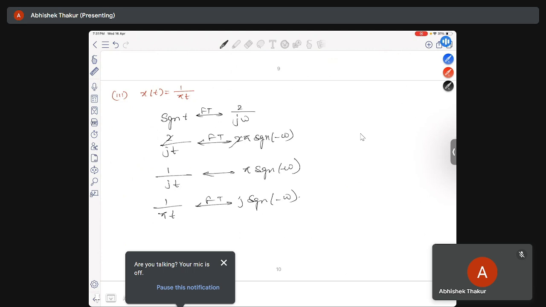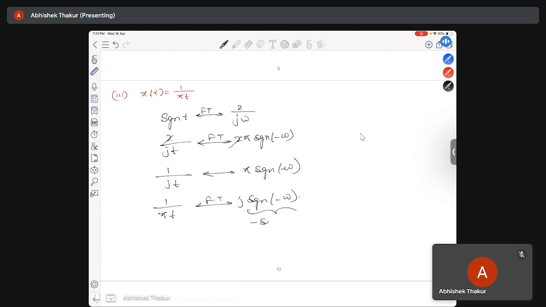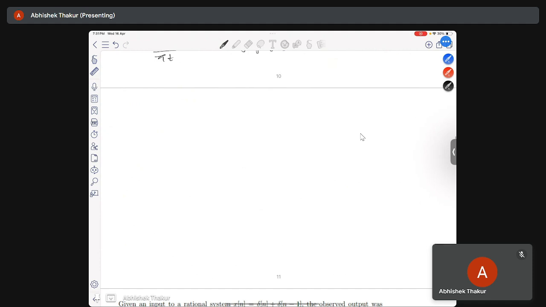Okay, and the signum function is an odd function, so we can write this as −j signum(ω). So 1 by πt will have the Fourier transform −j signum(ω). Okay, so up to this, it is done. So now we'll take one more example.